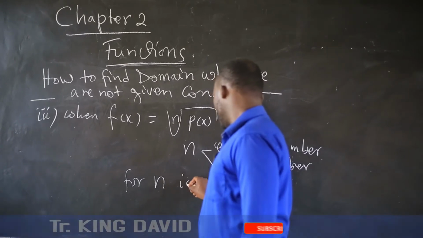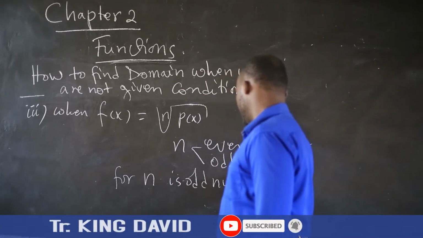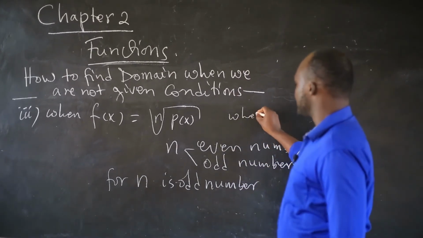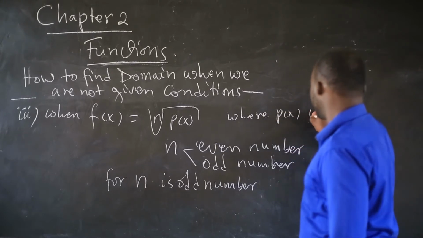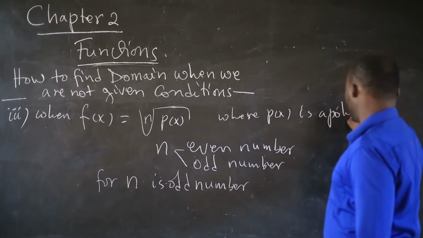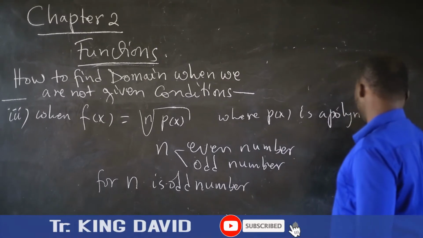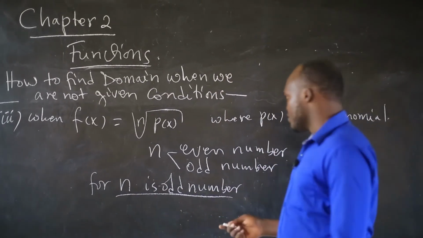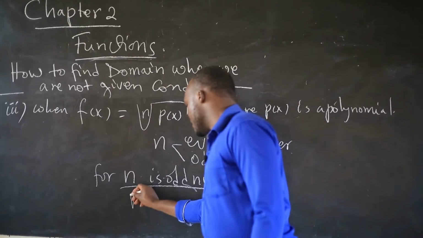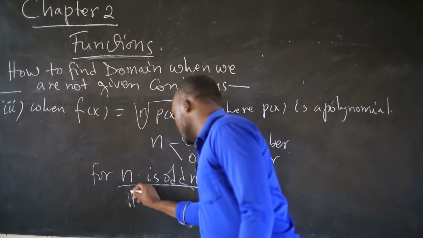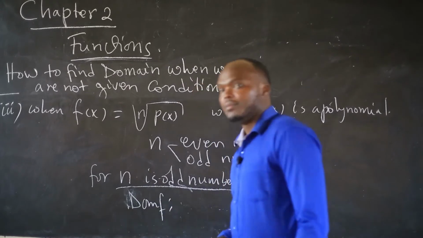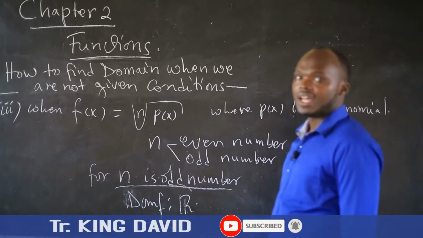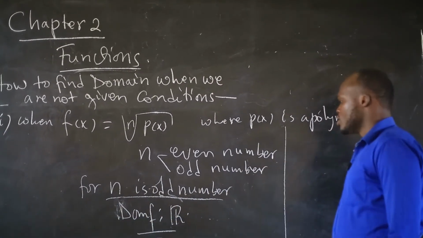For n is odd number, where p of x is a polynomial, dom f is a real number. Domain is a real number because we have no condition.